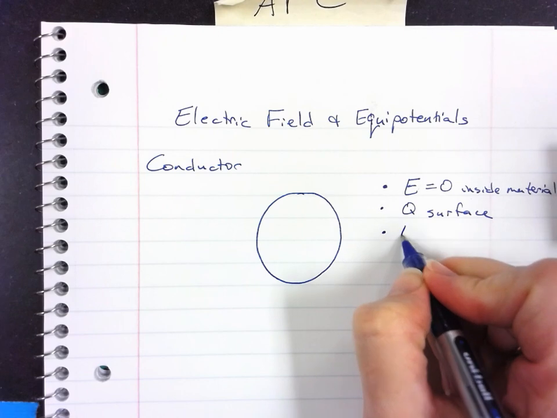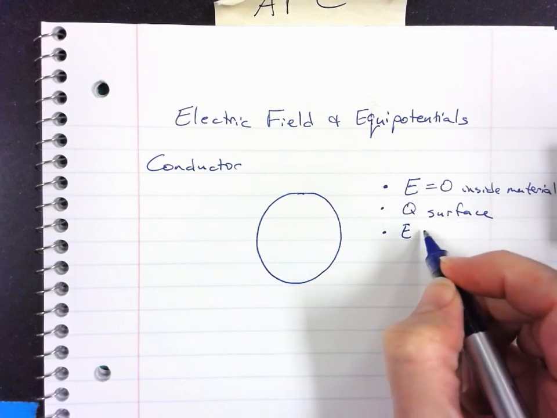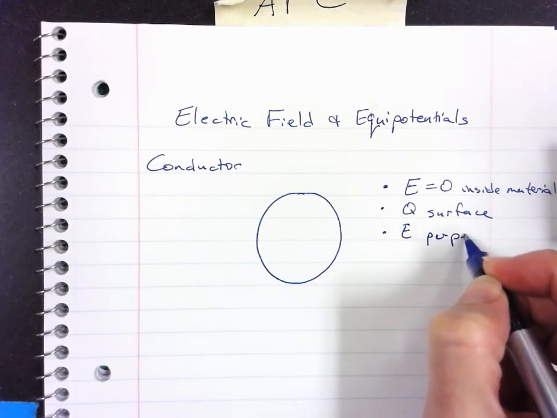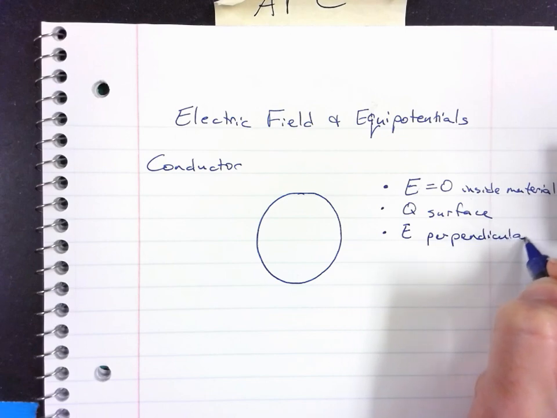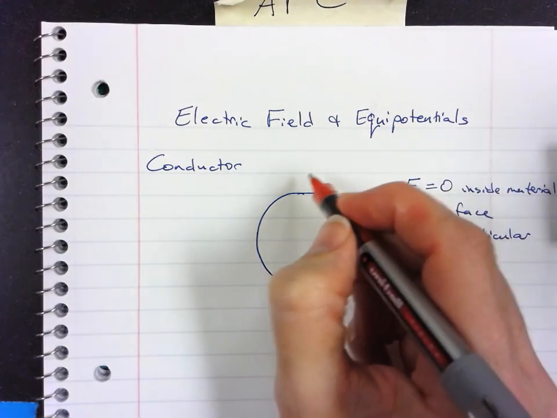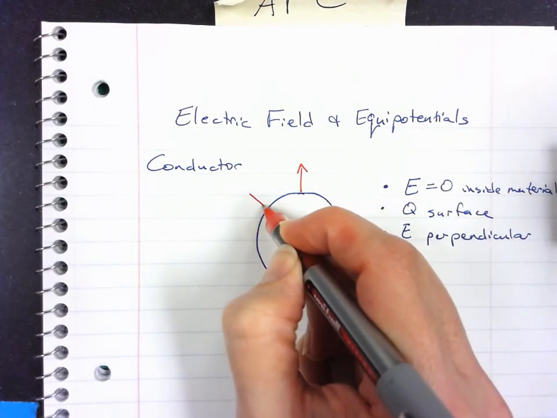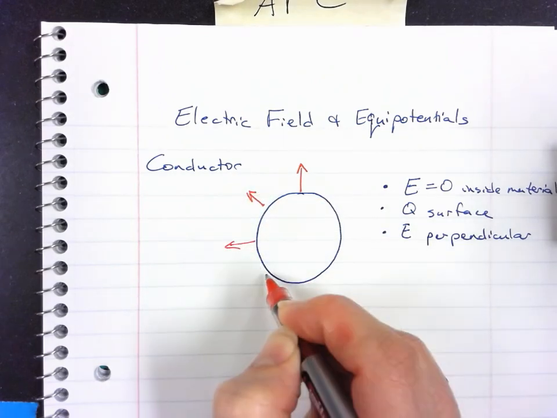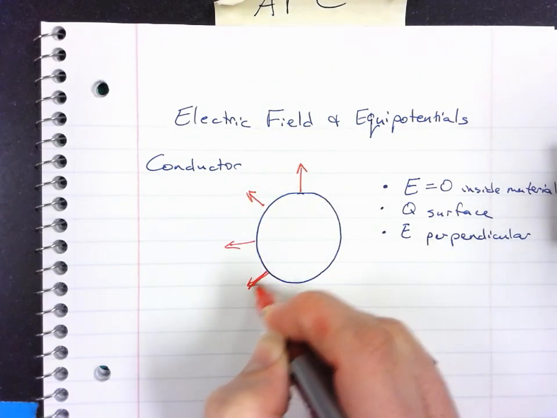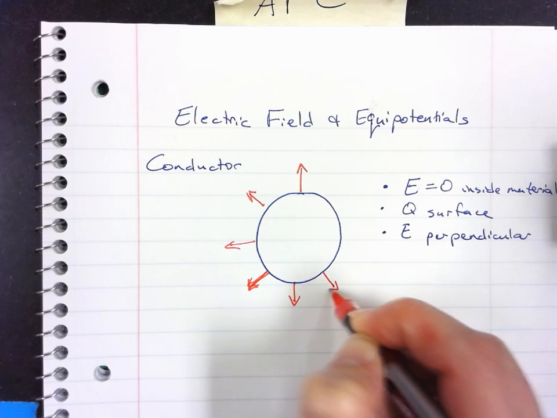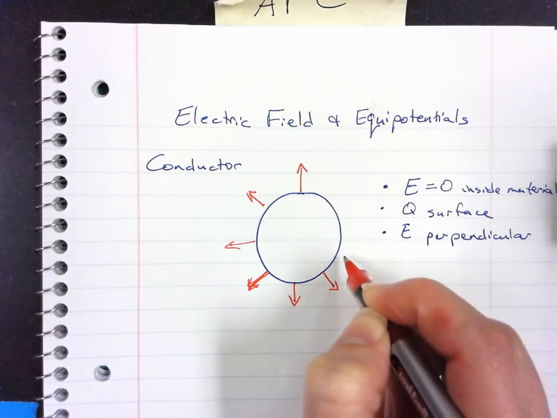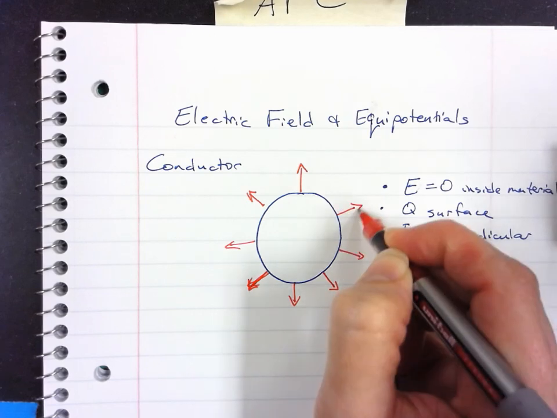Now, this means the electric field at the surface must be perpendicular, so let me just draw it. Let's say it wasn't perpendicular to the surface. That one wasn't very perpendicular. If it wasn't perpendicular to the surface, there would be a component that would cause a charge to move.